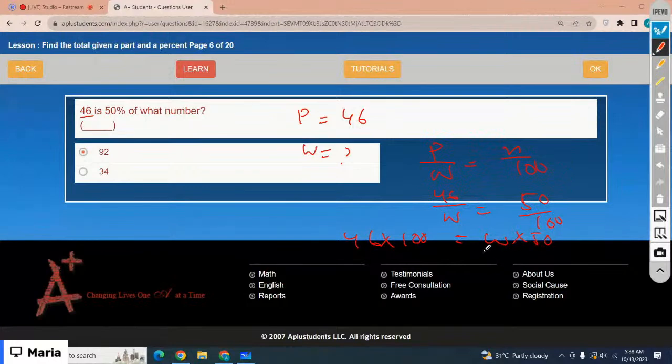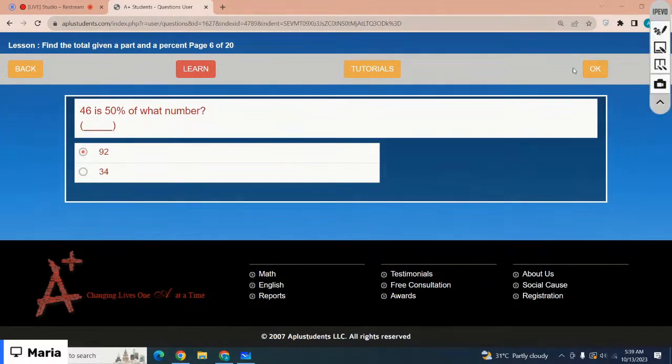Move 50 to the other side, so it would be 4600 divided by 50, which is 92. So it is half of 92. Got it? The correct option is 92. Okay.